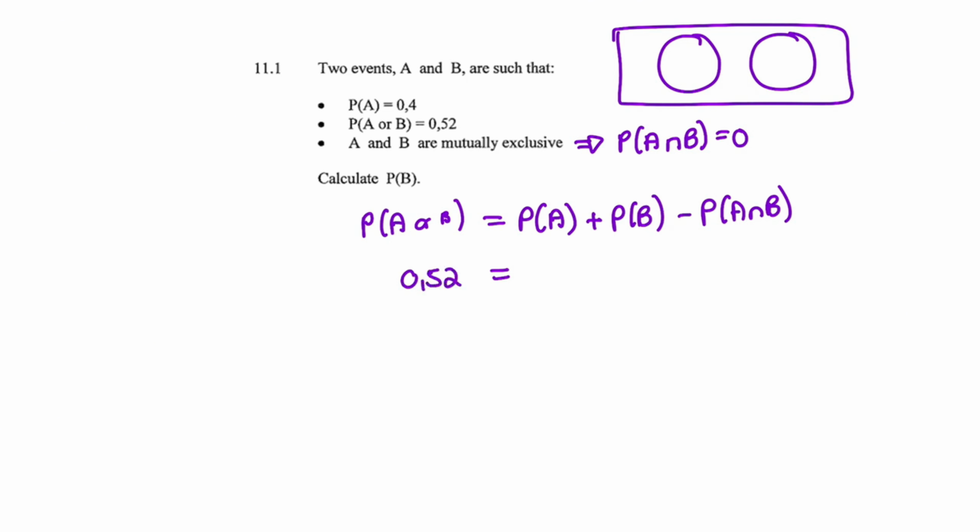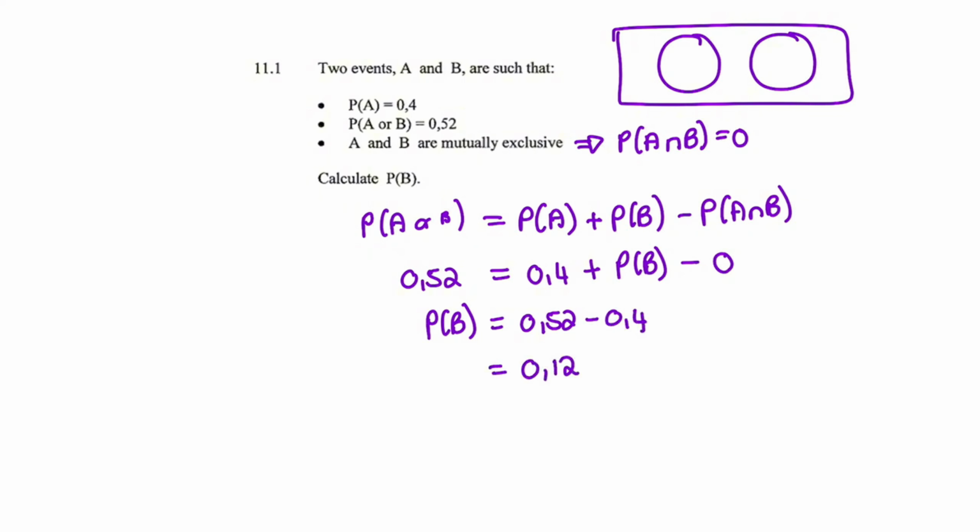The probability of A is 0.4. We don't know the probability of B, and A and B together is 0. So therefore, the probability of B would be 0.52 minus 0.4, which is 0.12.